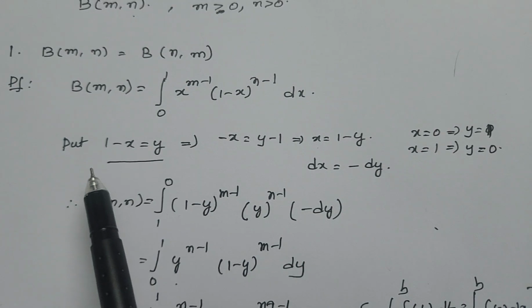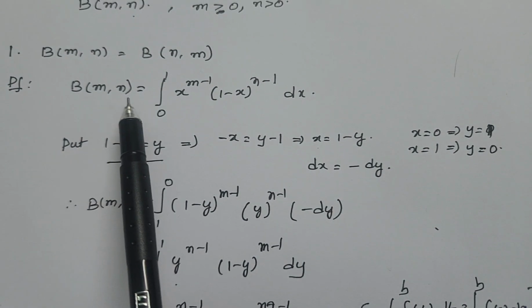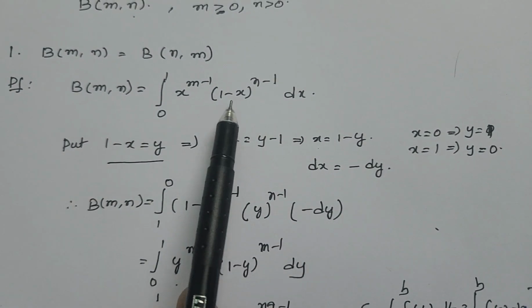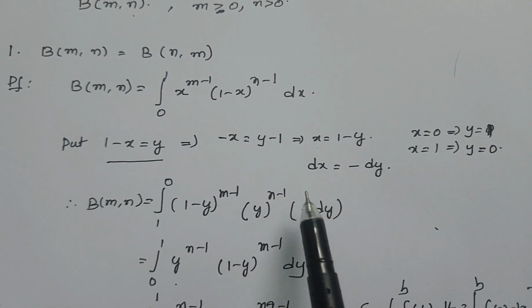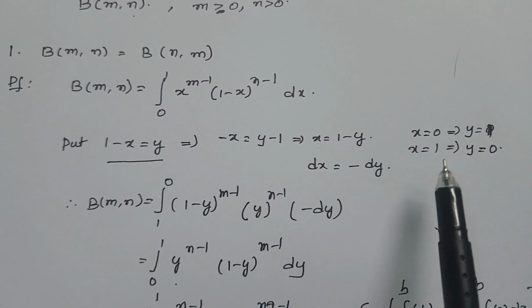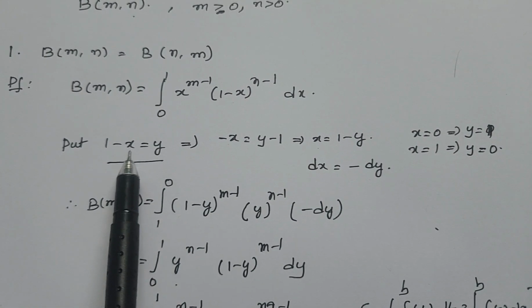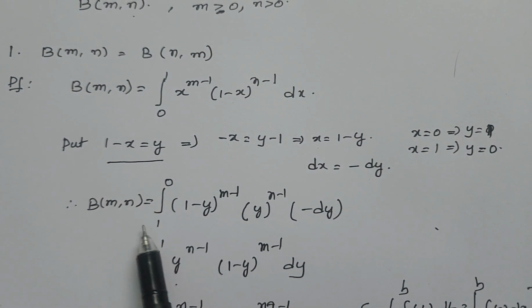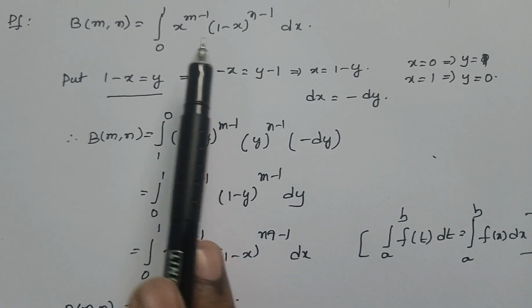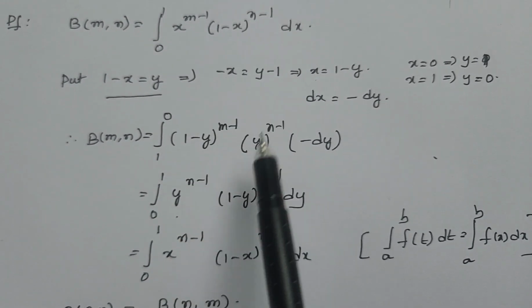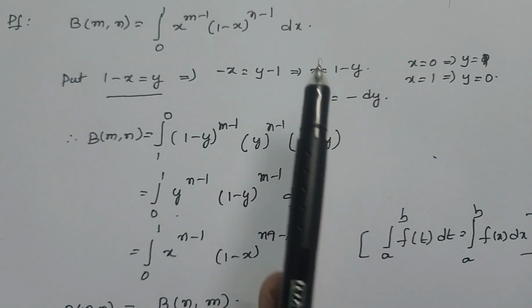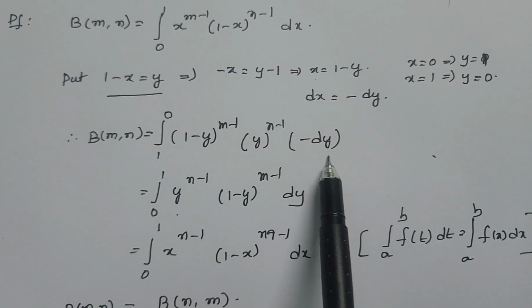Consider beta m, n. This is the function. Put 1 minus x is equal to y, then x is equal to 1 minus y, dx is equal to minus dy. So when x is 0, y is equal to 1, when x is 1, y is equal to 0. So change the limits. So this is 1 minus y to the power of m minus 1, and 1 minus x is y to the power of n minus 1, dx is minus dy.